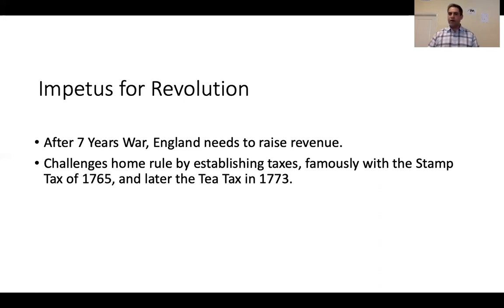The logic from the monarch and parliament is largely that they had fought this war in part to provide for the defense of colonial subjects, and therefore it was right that colonial subjects would be taxed to pay for the debt incurred in the effort to fight this war.